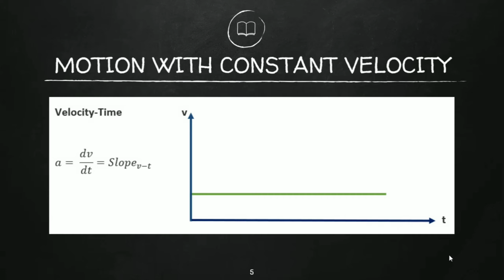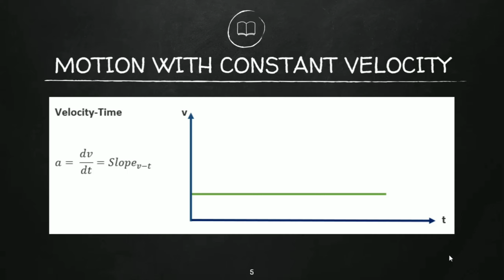Now, naturally, if you will differentiate y is equal to mx plus b with respect to x, or the x-axis, in this case that is t, then you will have y prime equal to m, or basically the constant, as shown here in the graph of the velocity time, wherein the velocity as time changes is a constant.